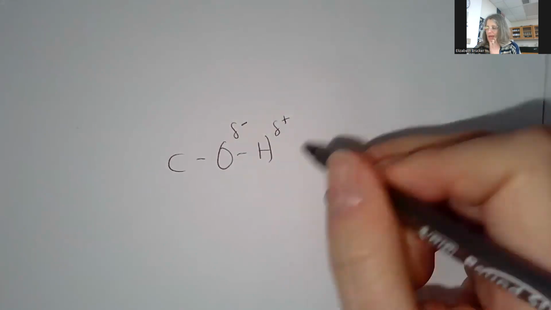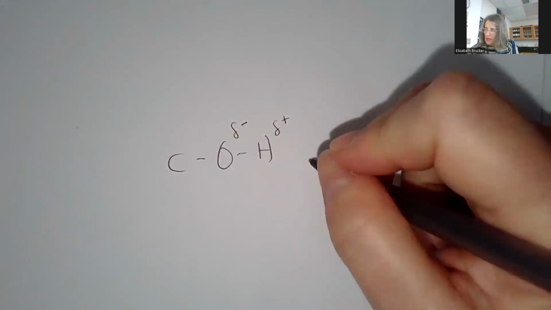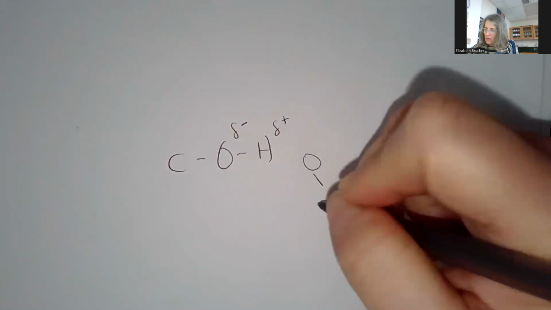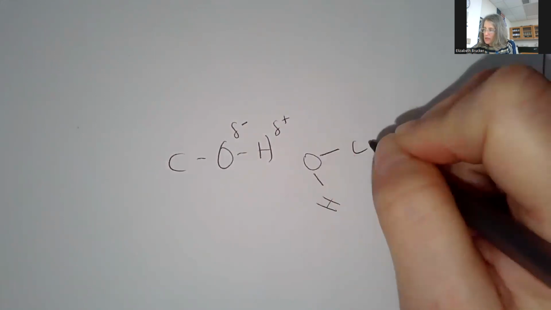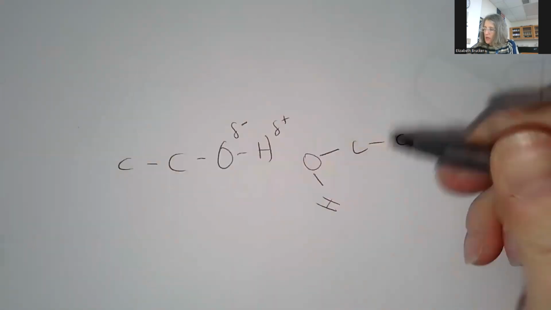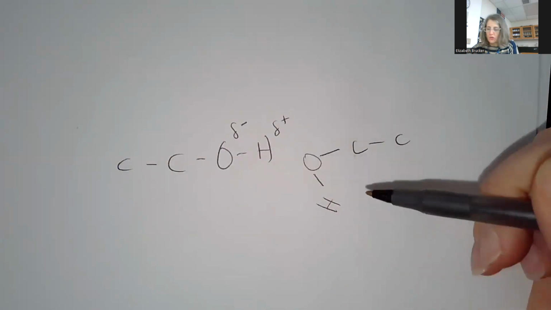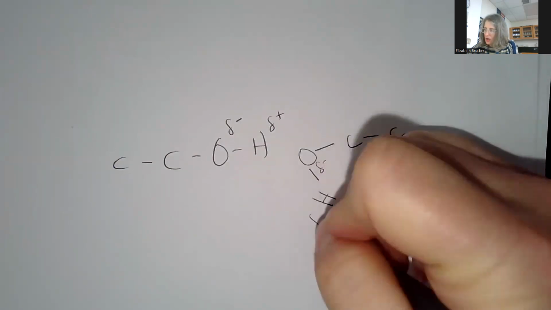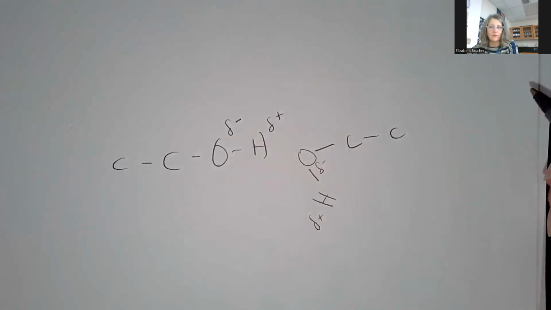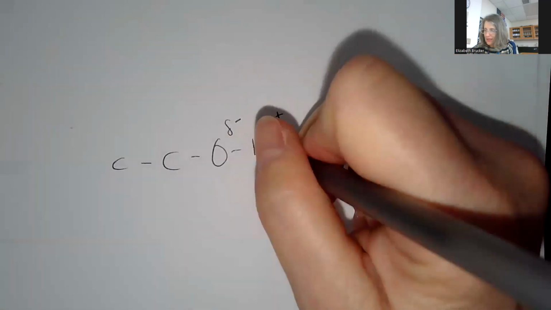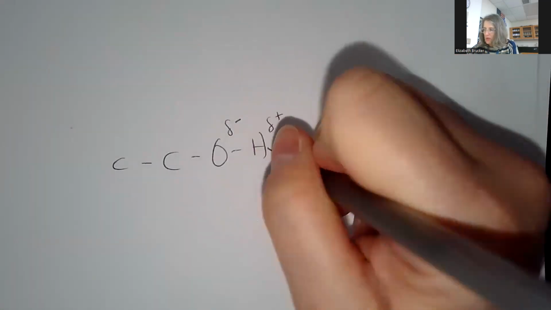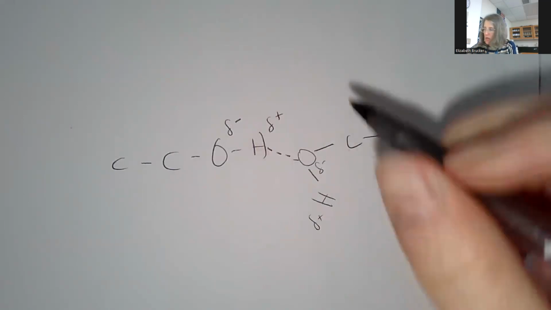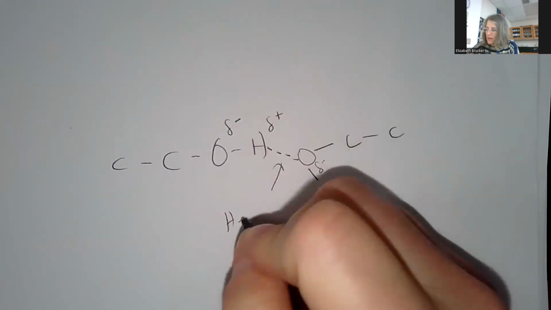So when you have a neighboring alcohol, the O part of that molecule is going to be drawn closer to that hydrogen end because it has a negative charge and the hydrogen is positive. Anytime you see hydrogen bonding, it's like a dotted line between the two molecules. So that's what we call hydrogen bonding.